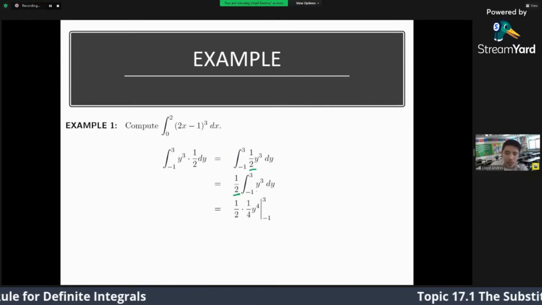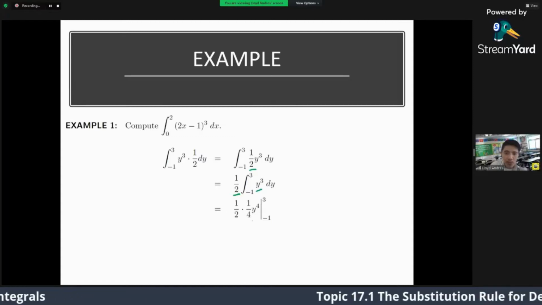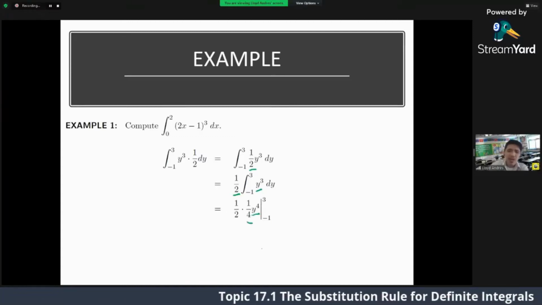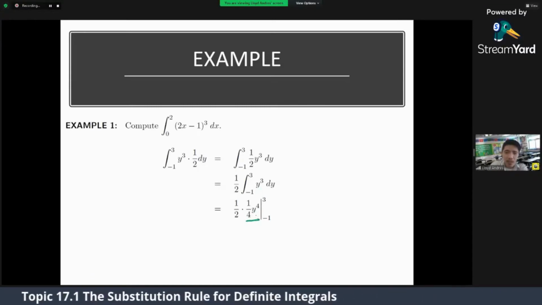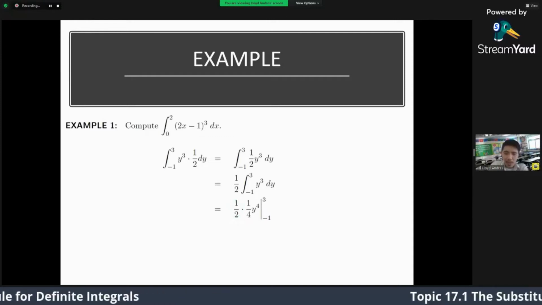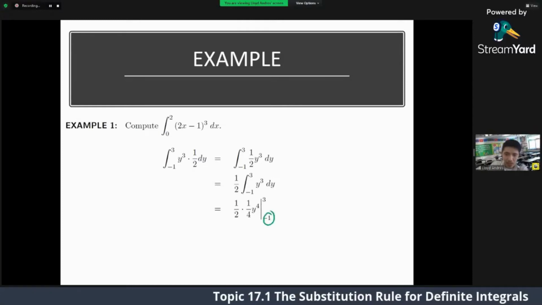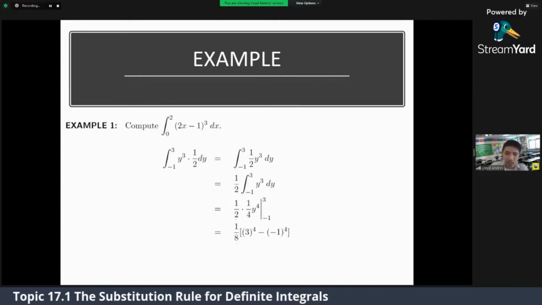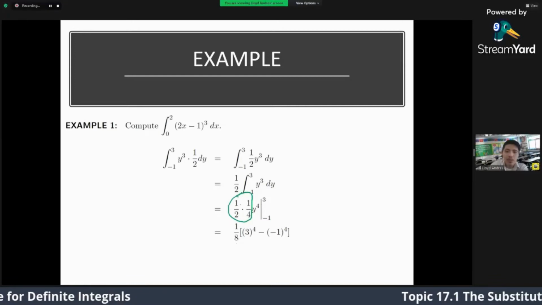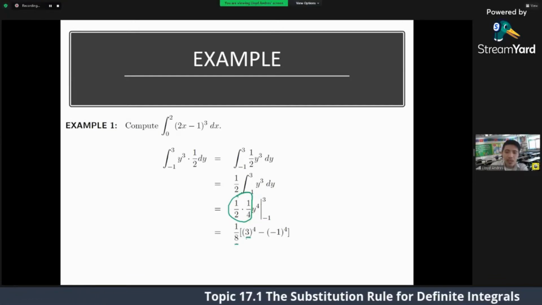Since it is y cubed, it becomes y raised to 4 over 4, so 1/4 y^4, times the 1/2. We no longer have the integral sign, just the limits from negative 1 to 3. Multiplying 1/2 times 1/4 gives 1/8. Then we substitute 3 and negative 1.